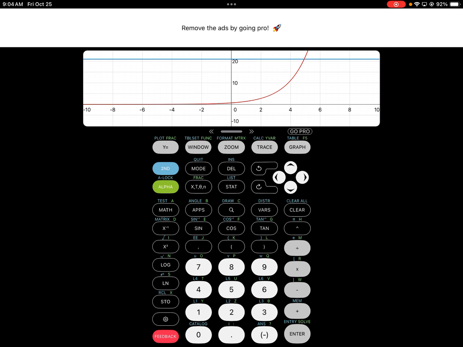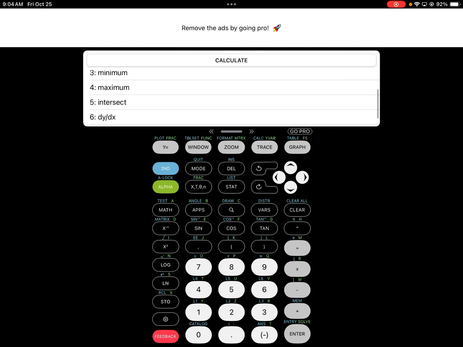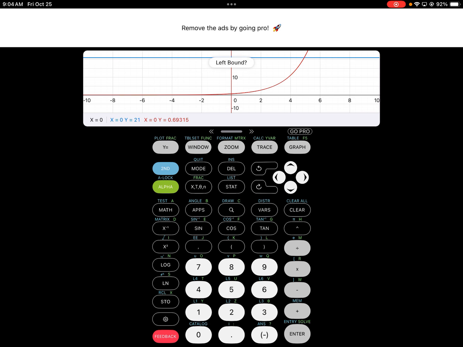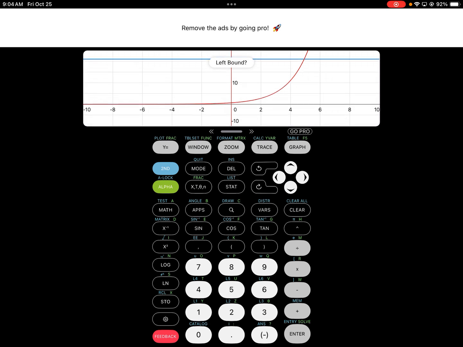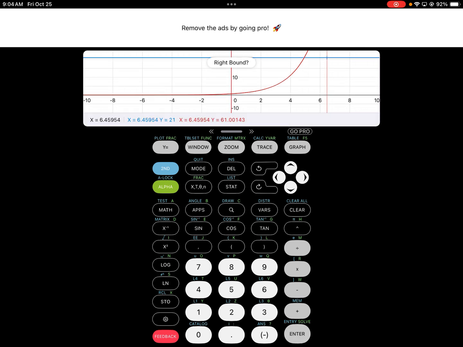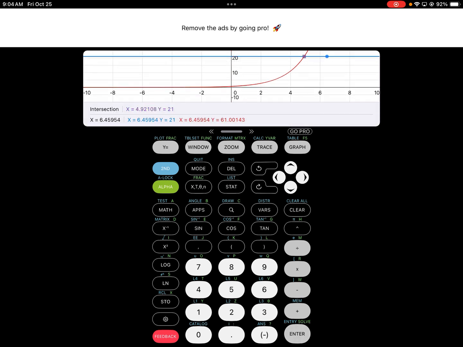What do I need to find? Intersection. So second trace, that's number 5 on our calculator. So we'll say to the left, to the right, and then we'll ask it to guess. So what does it give me for my intersection point? 4.92.